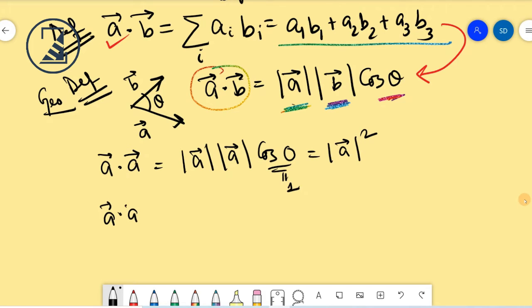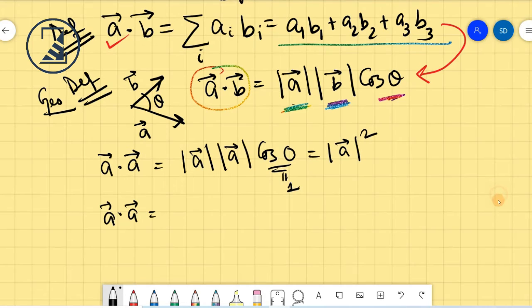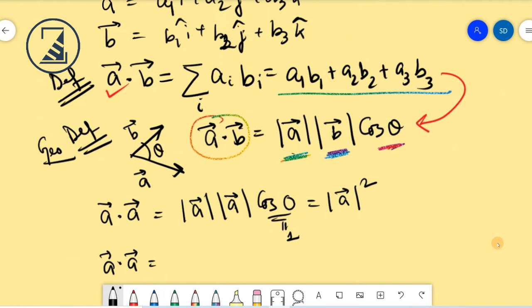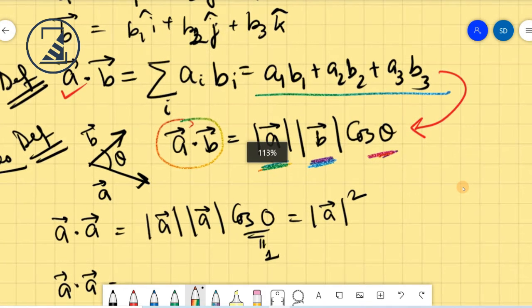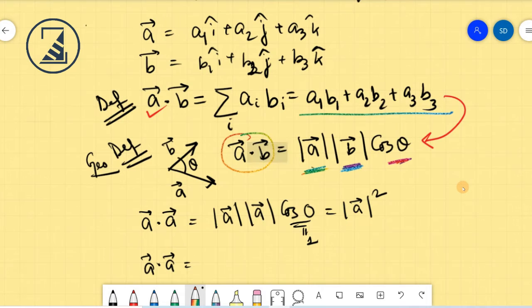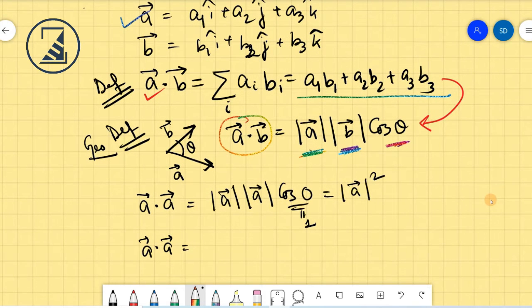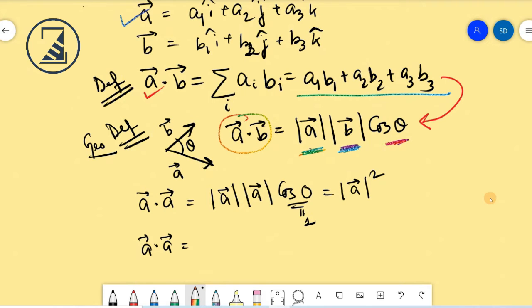A dot A is nothing but multiplying A with itself, and from the structure of a vector and this definition of the dot product, what we will get is this.